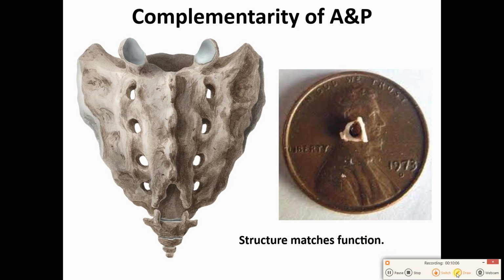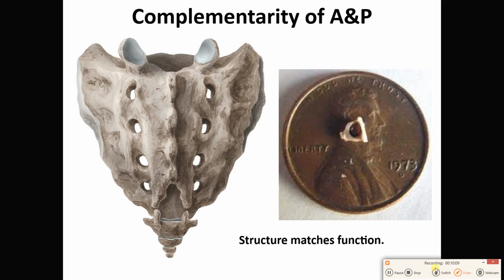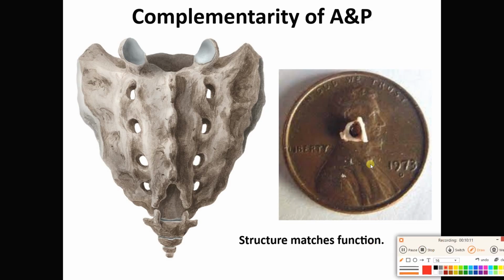Now, I got a penny here this time. Last time I had a dime. This is a penny. And this guy right here is one of those middle ear bones. It is called the stapes. And it is incredibly small. Its small size allows me to shake your stapes with my sound waves, even when I'm not speaking very loudly.